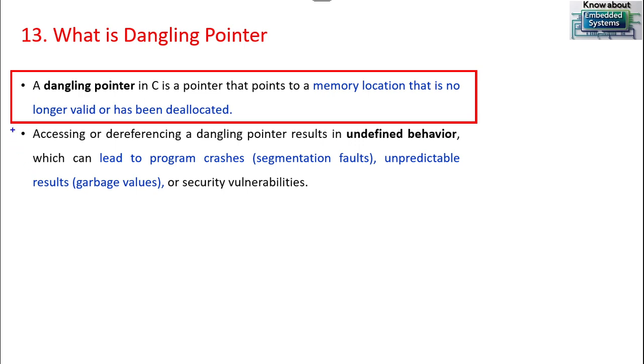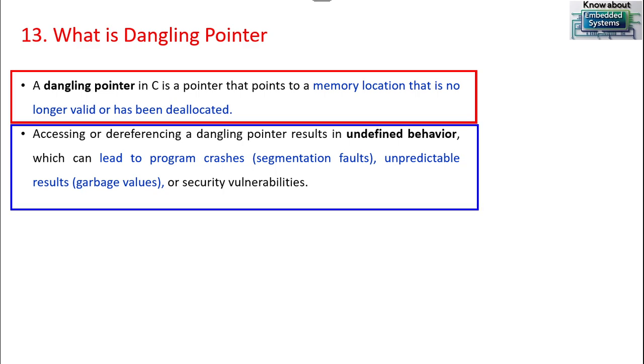So we should be very careful and should not use a dangling pointer in our programming. Using one results in undefined behavior, or sometimes segmentation faults, or sometimes garbage values. That is why we have to check whether a pointer is dangling or valid before using it.